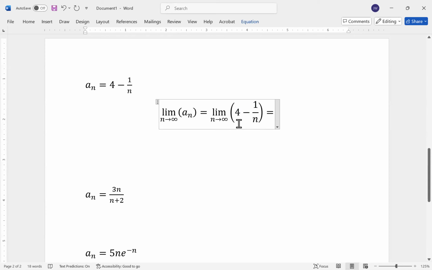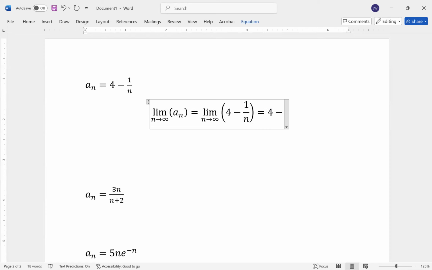The limit of a constant like 4 is just 4. The limit of 1 over n is 0 as n goes to infinity. So this limit, using the algebraic tools that we already know, is 4.